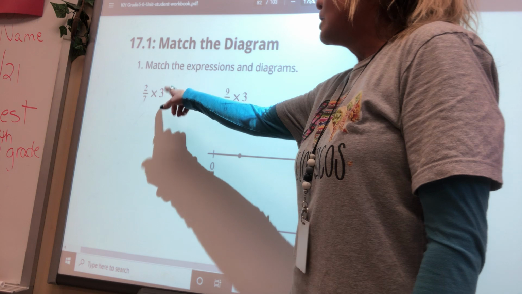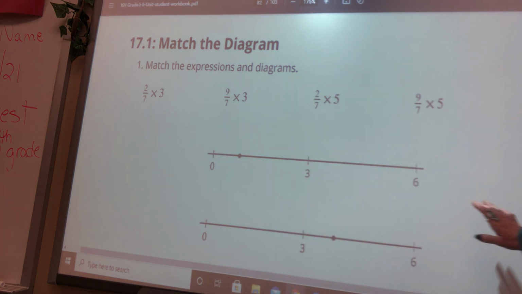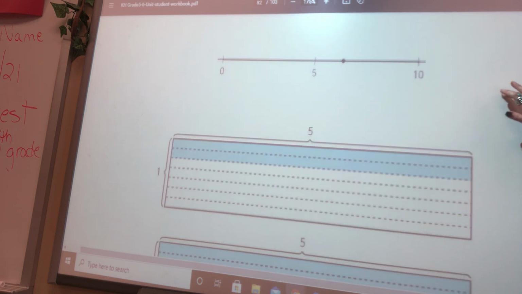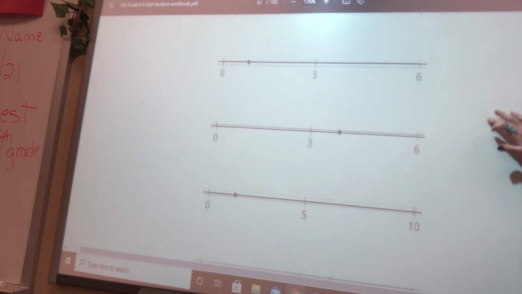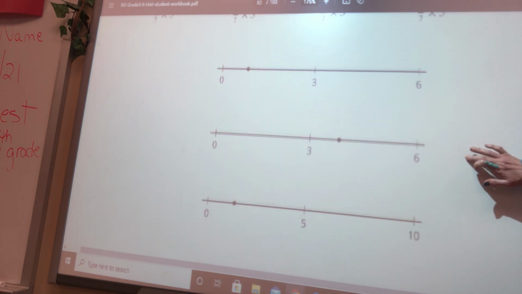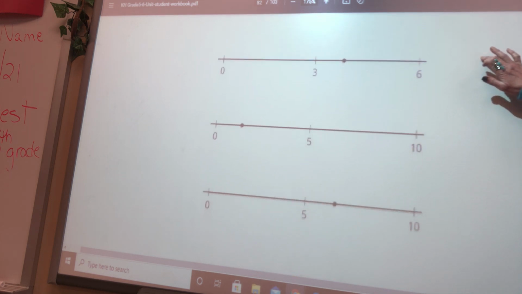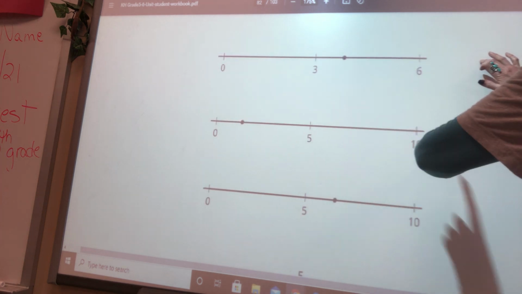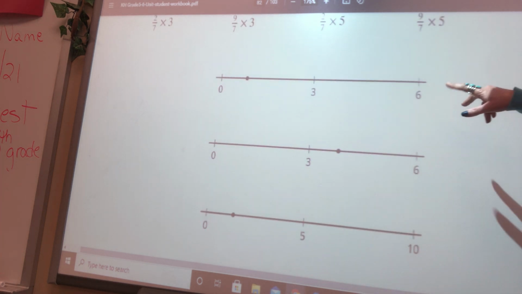2/7 of 3. Which one of these am I going to be looking at? The first two, because the others are in 5s and 10s, and these are broken up into 3.